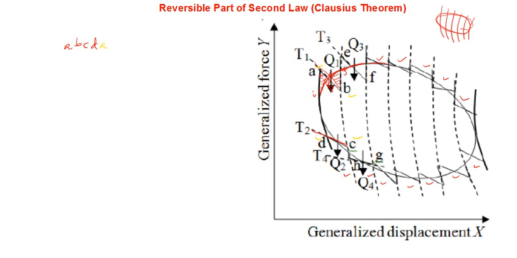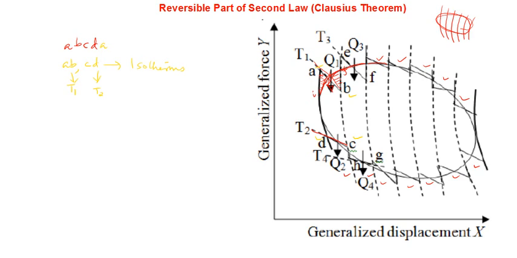So what about the two sides of the curve? You know that by our construction, AB as well as CD are two isotherms. AB is assumed to be at temperature T1, and CD is an isotherm at another temperature T2, say.